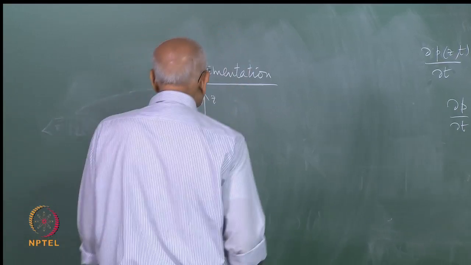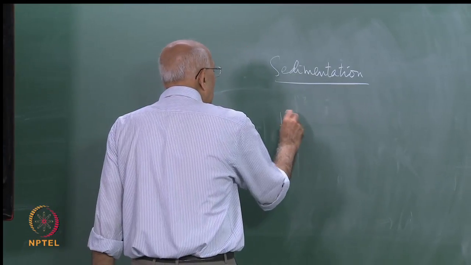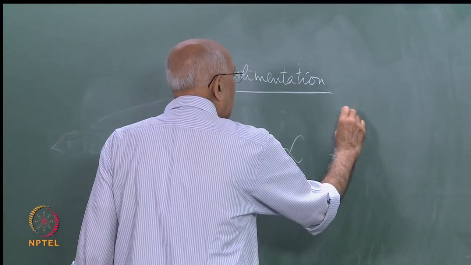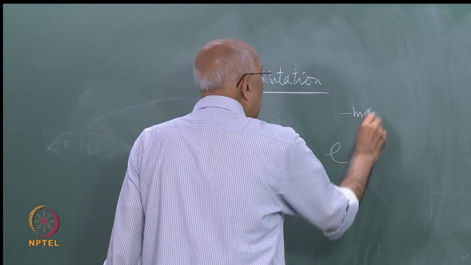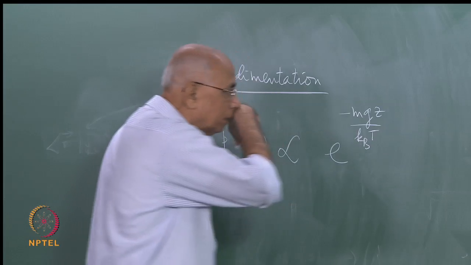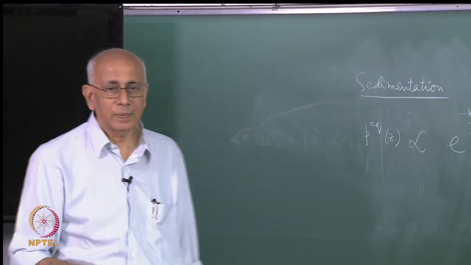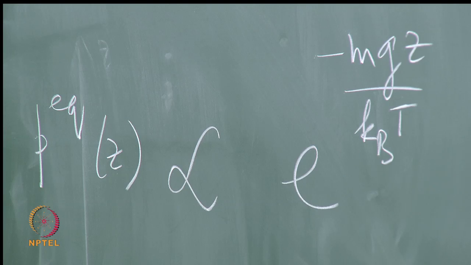So we already know this is called the barometric distribution. We already know that p equilibrium of z is proportional to e to the minus, if m is the mass of the particle, m g z over k Boltzmann T, right. That is the barometric distribution for the atmosphere at constant T. And now let us compare that with this.